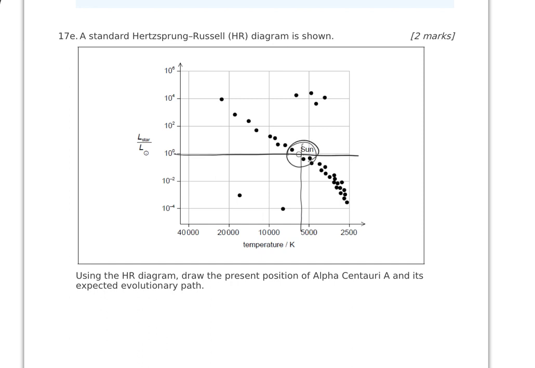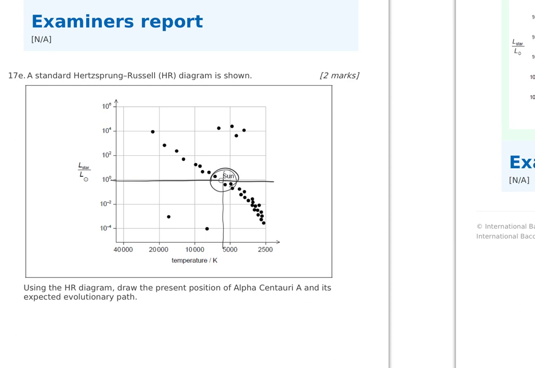So alpha A is pretty much near where the sun is. And then it will become hotter and more luminous as it gets older, but then it will burn out to a white dwarf that is cooler and less luminous. So it kind of goes this way in terms of its evolutionary path.